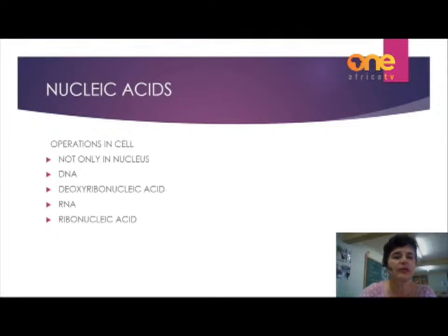They call it nucleic acids. At first, they thought it was only found in the nucleus. But later they found that these nucleic acids can be at other places in the cell also. So we have the DNA, deoxyribonucleic acid, and ribonucleic acid.